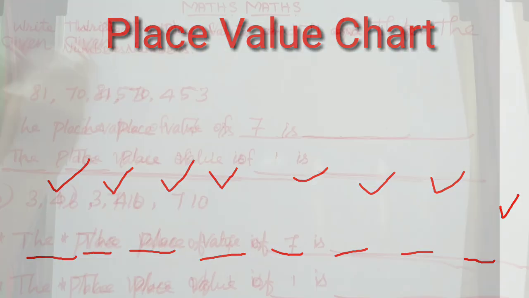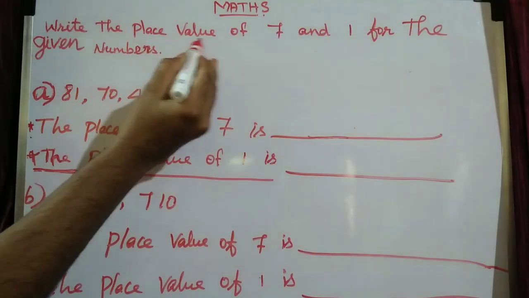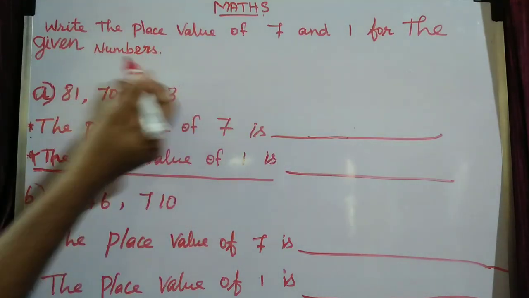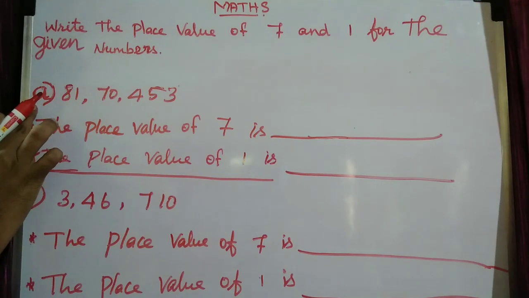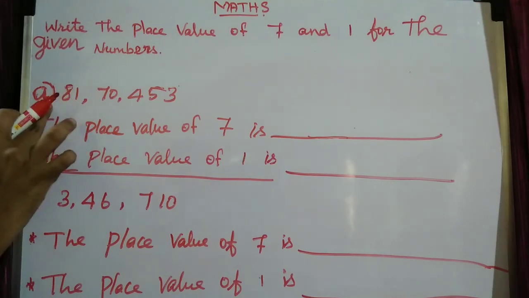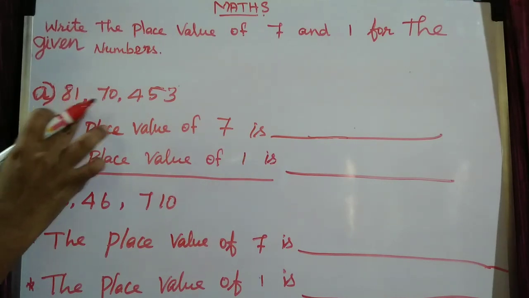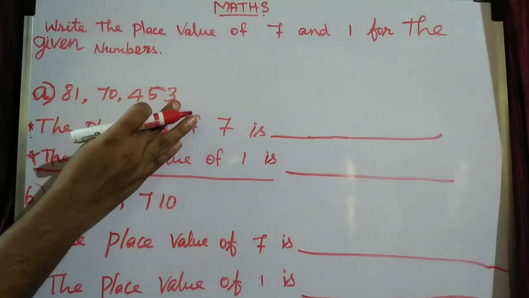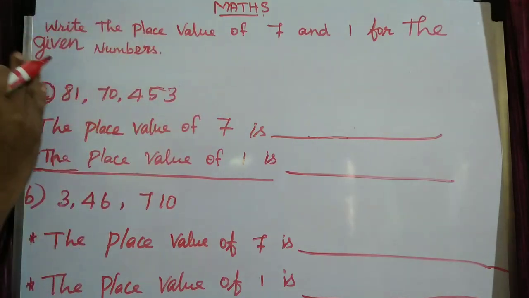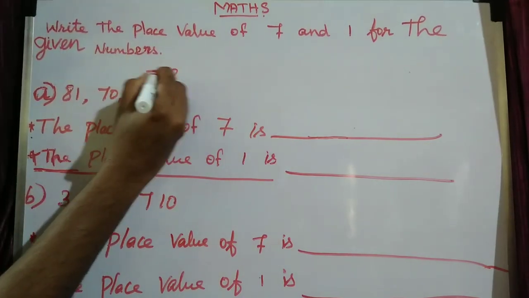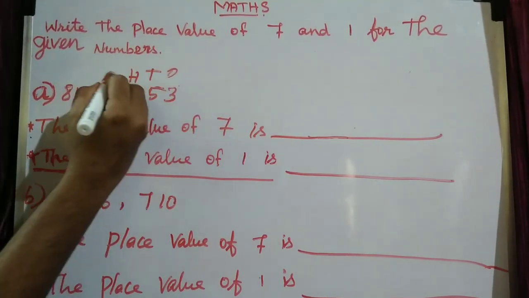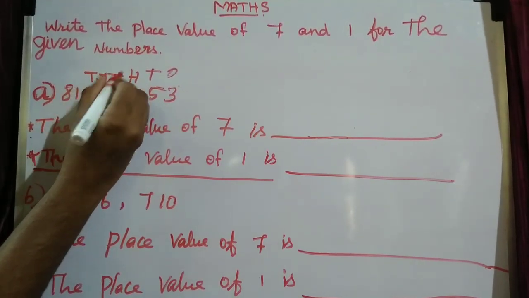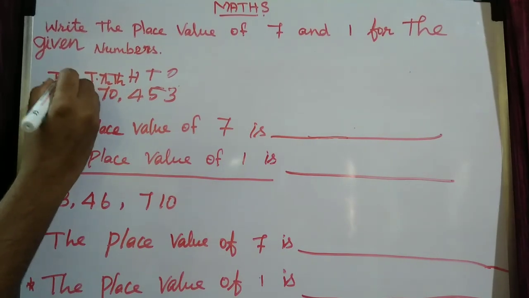The next topic is how to identify and write the place value of numbers. See the examples. Write the place value of 7 and 1 for the given number. See the first question. The given number is 81 lakhs 70,453. Write the place values from right to left: ones, tens, hundreds, thousands, 10,000s, lakhs, 10 lakhs.